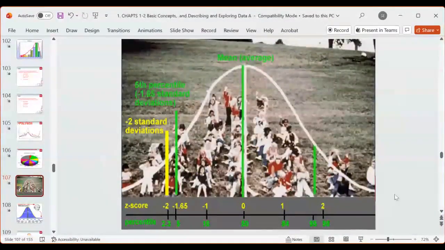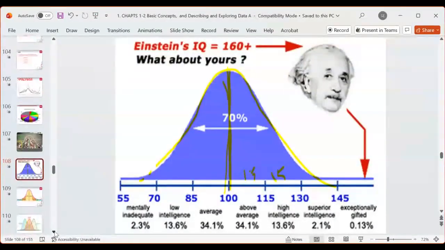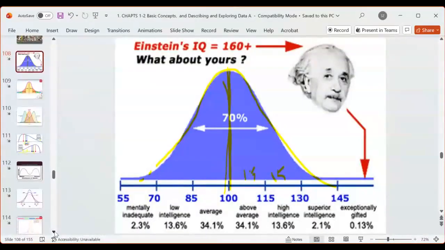And again, this is the one we use the most, the normal distribution or bell-shaped curve, which is symmetrical. We already talked about this. You can see that right in the middle is the mean. If it's symmetrical, right in the middle you have the mean, median, and mode.